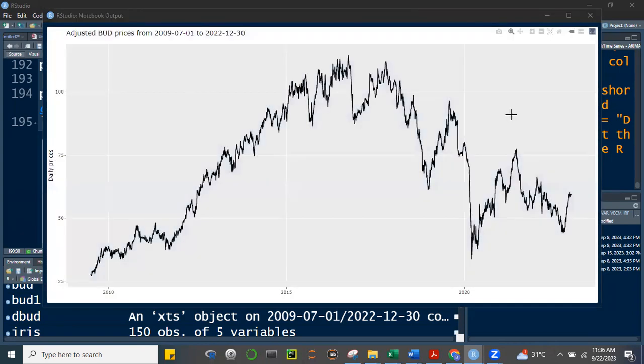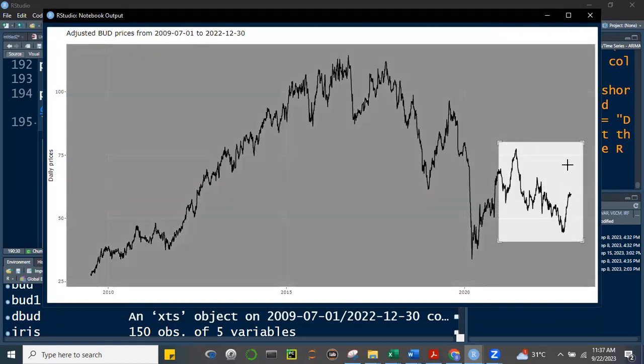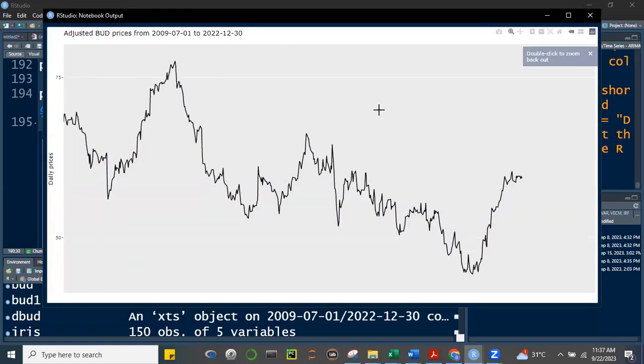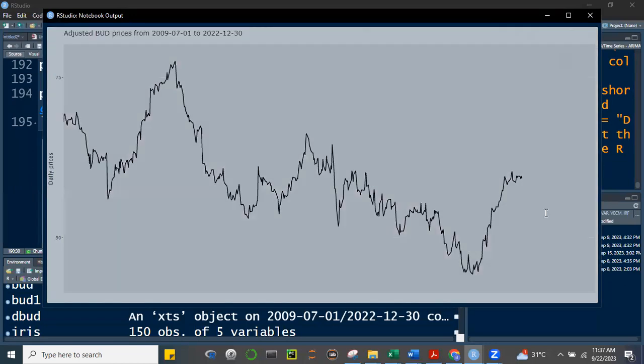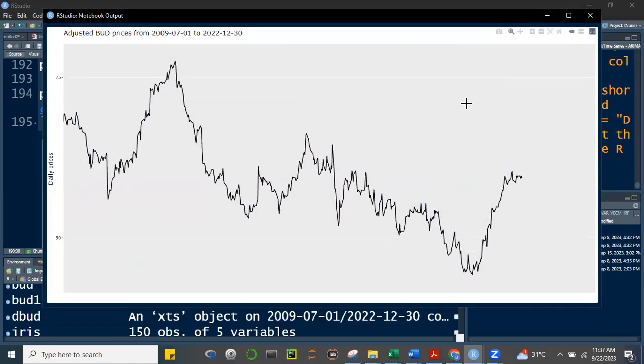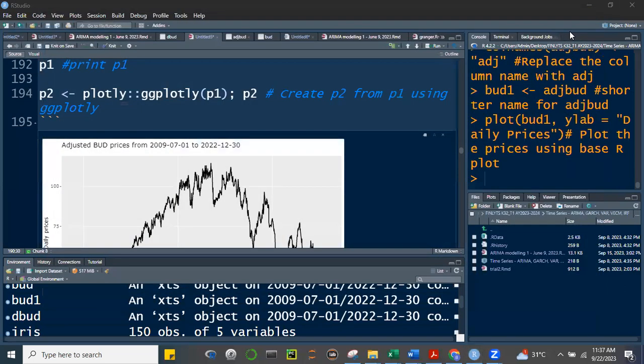So the advantage of the ggplotly graph is that this is dynamic. You can see there are functionalities here on the upper right, class. You can zoom a particular area. Okay, for example, if I highlight this, then that's the zoom of that particular area. Anyway, let me close this. Okay, thank you.